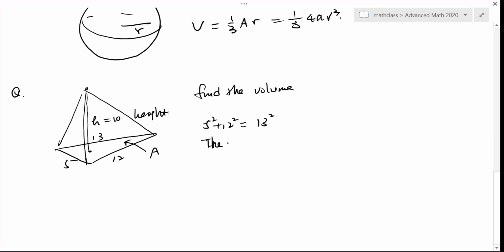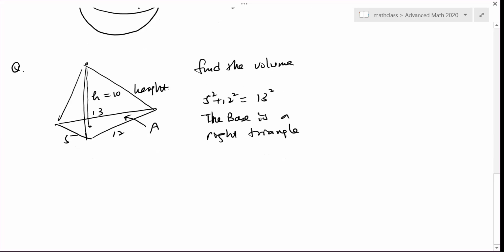So the base is a right triangle. Okay, so the area of the base is half of 5 times 12, which is going to be 30, right?